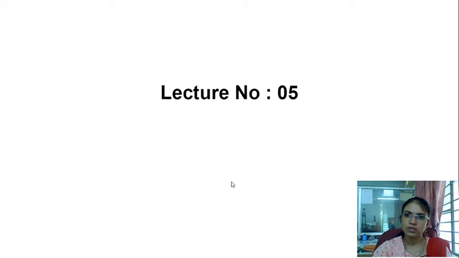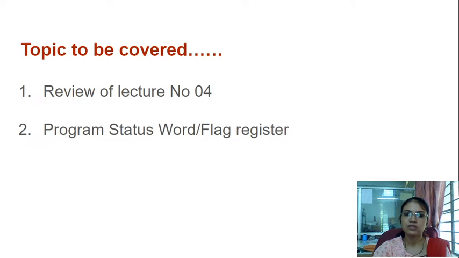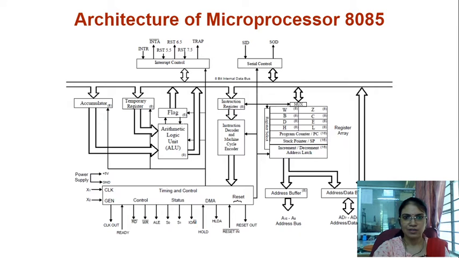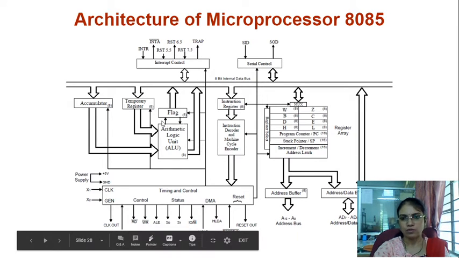Now going to today's lecture, today we discuss the second topic, that is the program status word, which is also called the flag register. This is the block diagram of microprocessor 8085.